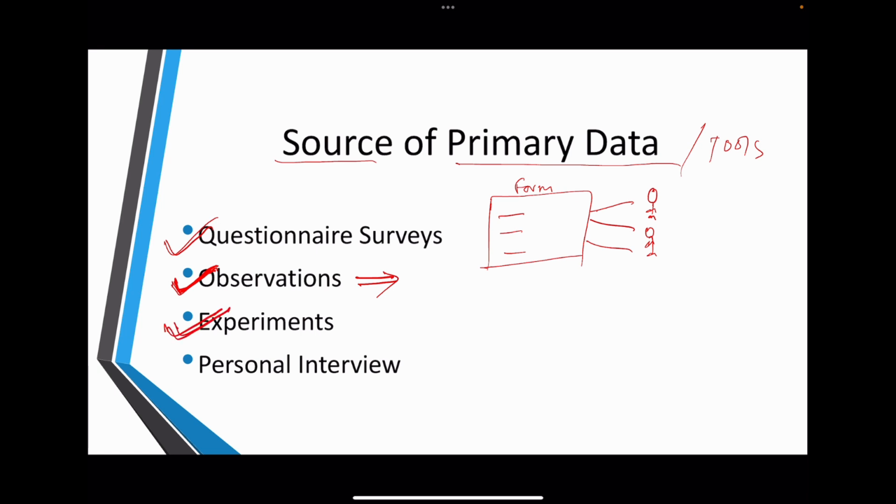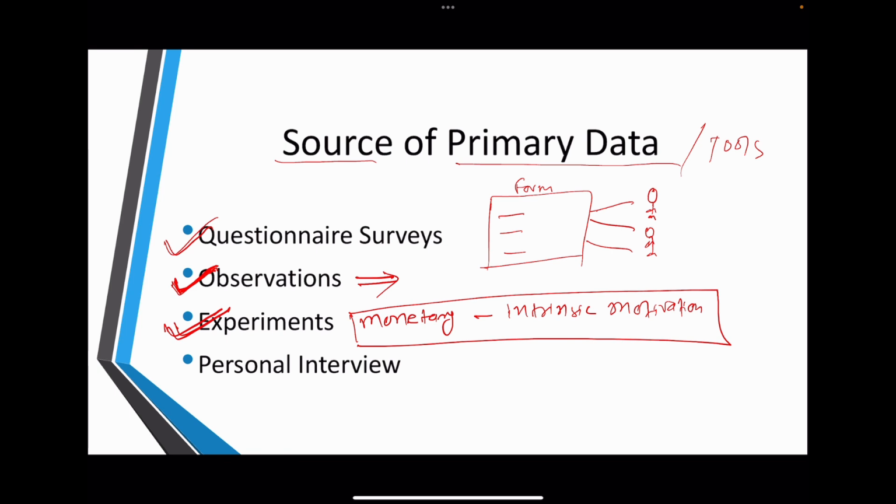Experiments. Let's say you are assessing the impact of monetary incentive on intrinsic motivation. Then imagine you are randomly assigning some groups with some money and another group without money, and then assessing their intrinsic motivation.